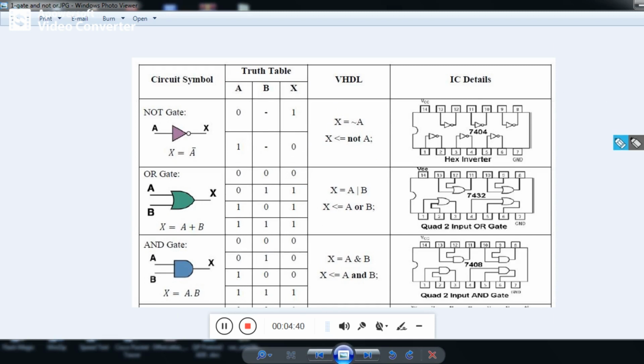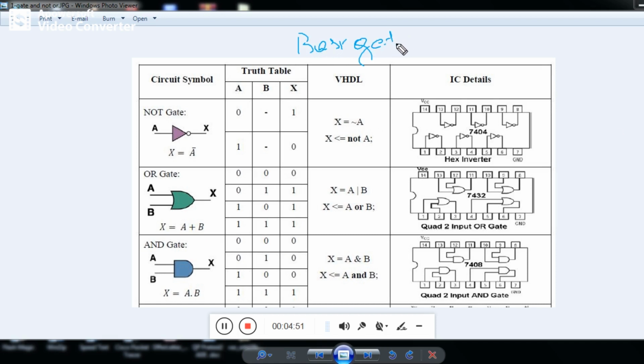I told you what basic gates are. We have three basic gates here, right? One is NOT, second one is OR, and third one is the AND gate.